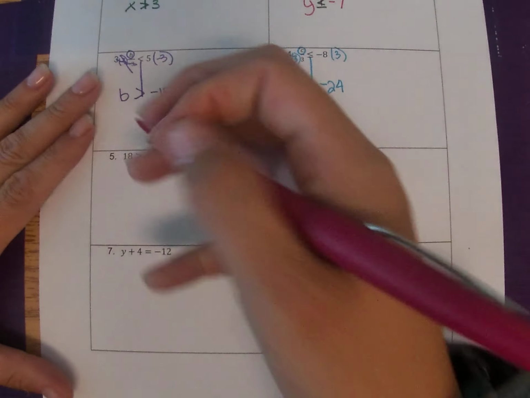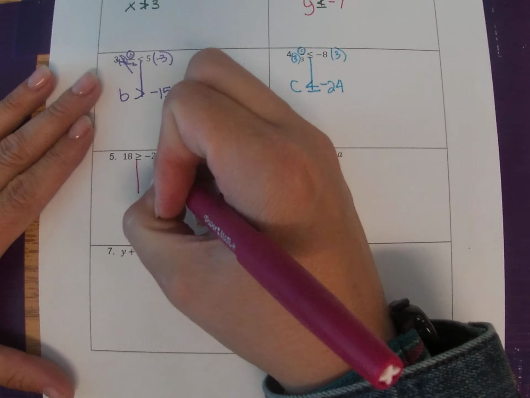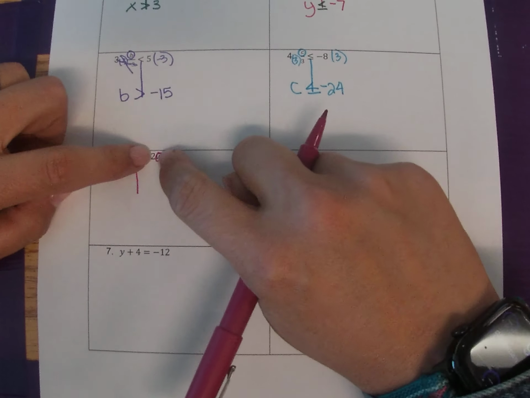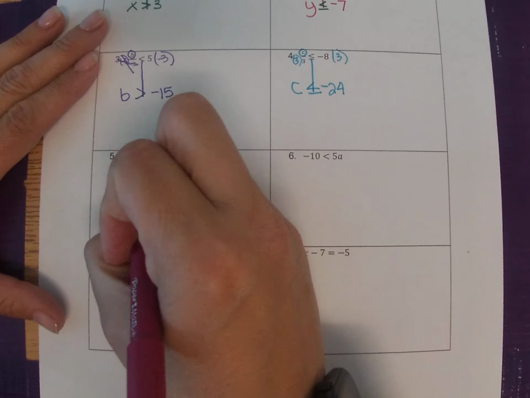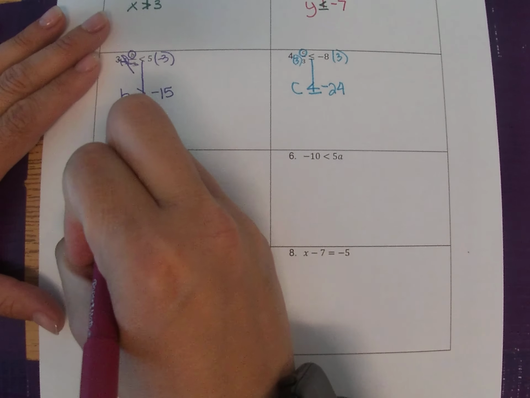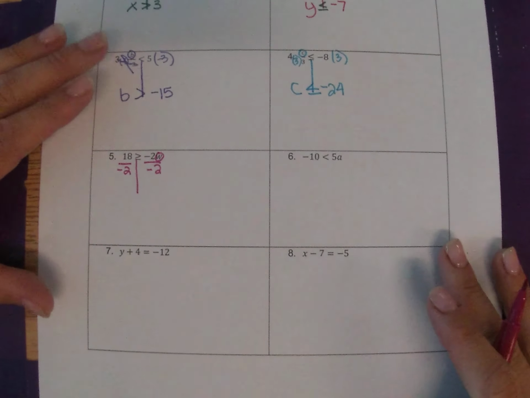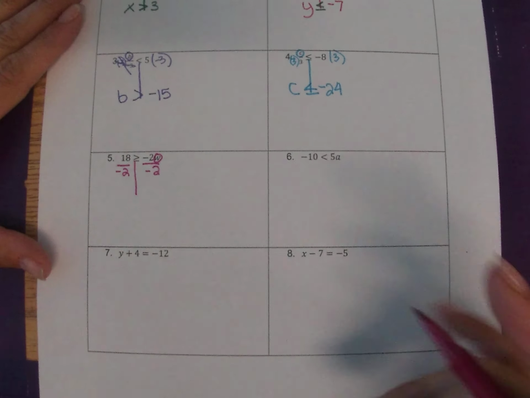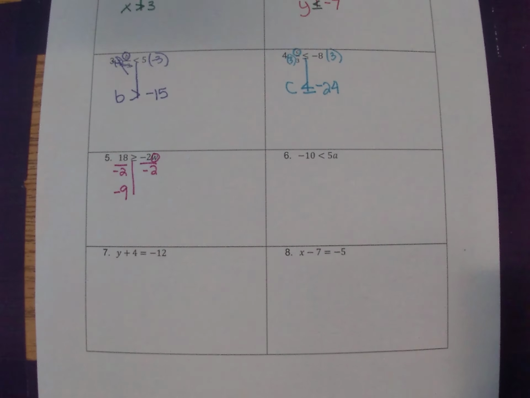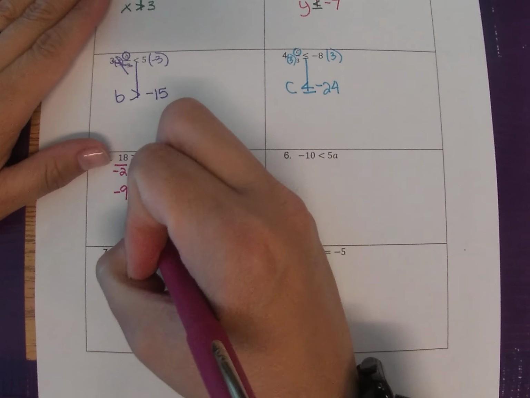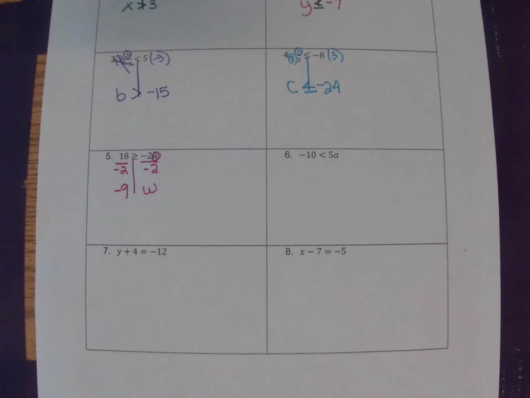So number 5. We draw our line, we find our variable. In between we see nothing. Nothing is multiplication, so we're going to undo multiplication with division. So I'm going to say 18 divided by -2 gives me a -9. My -2's cancel out, so my W's on this side.